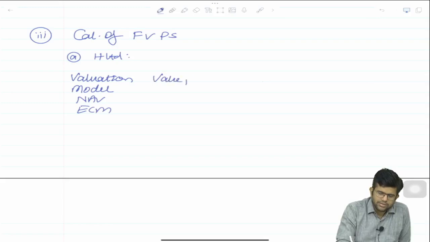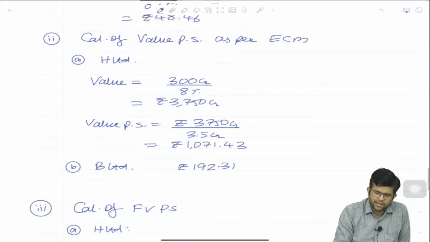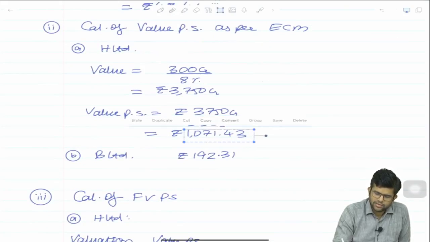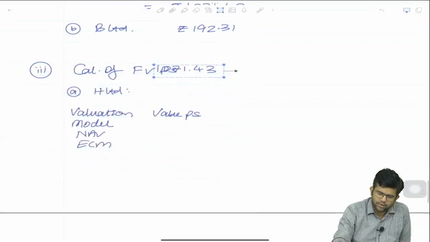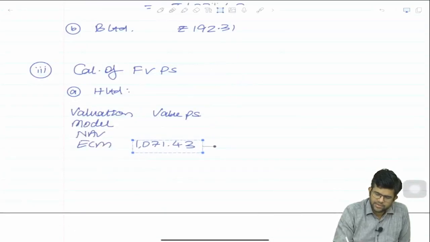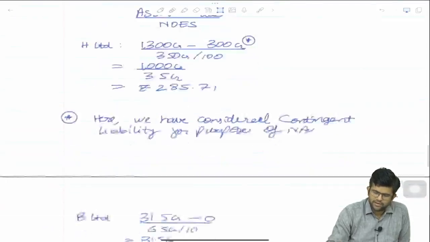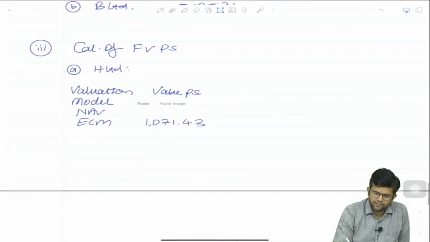Now, what is the value per share that we got in the NAV and in the ECM? In the ECM, can I say we got value for H as 1071.43. This is what we got in ECM. And in NAV, we got 285.71. Correct? Everyone's story clear till here?